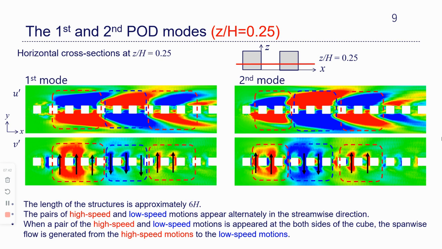This means that when a pair of the high speed and low speed motion is on both sides of the cube, spanwise flow is generated from high speed motion to low speed motion like this, in every area I showed. So large scale turbulent motion strongly affects spanwise flow between the cubes.